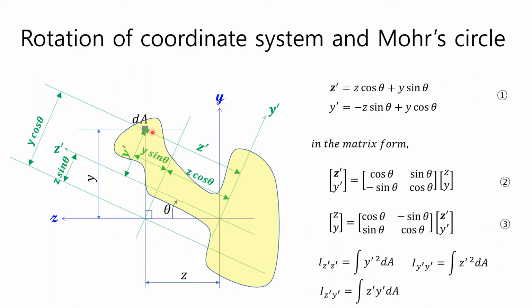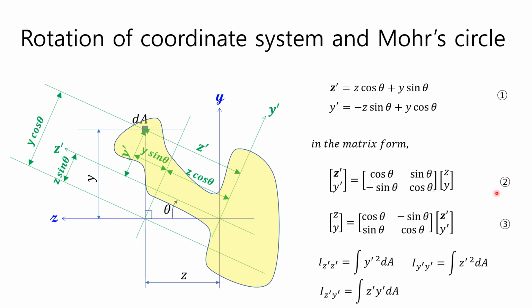The coordinate components of the small area dA with respect to the z prime y prime axis can be expressed as equation 1 in terms of zy axis components. Equation 1 can also be expressed in a matrix form, but in fact it is the same as the matrix equation to find the coordinate of each point when the coordinate system is rotated.